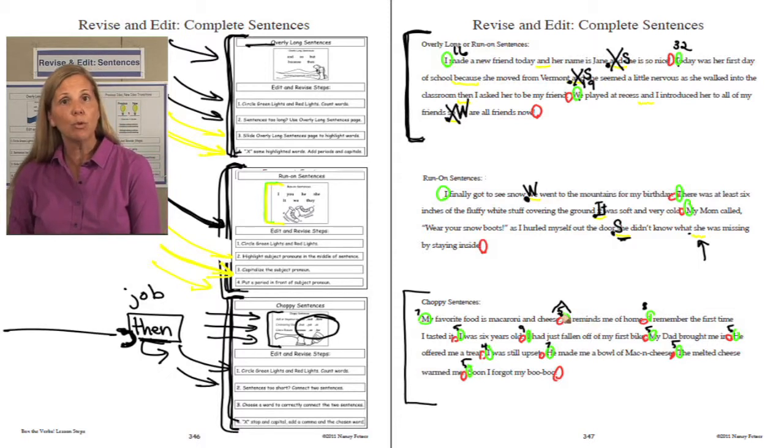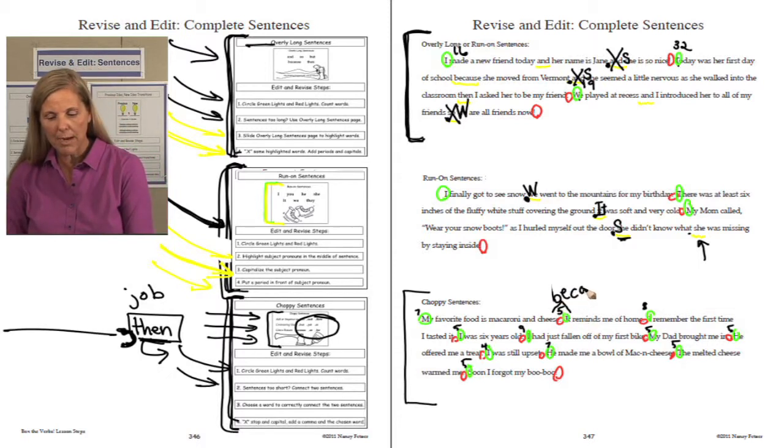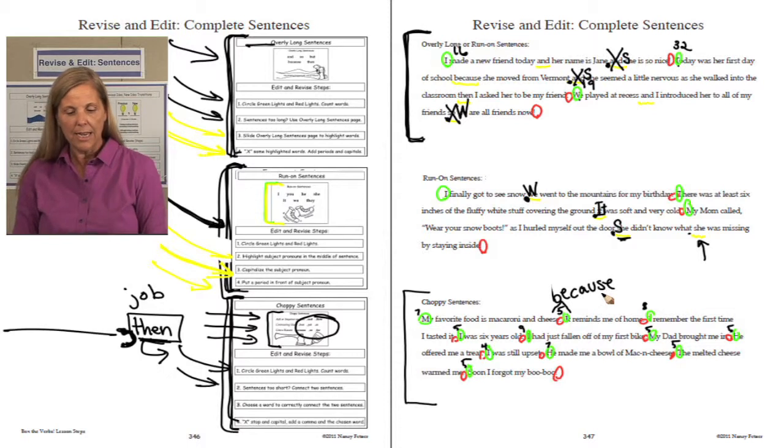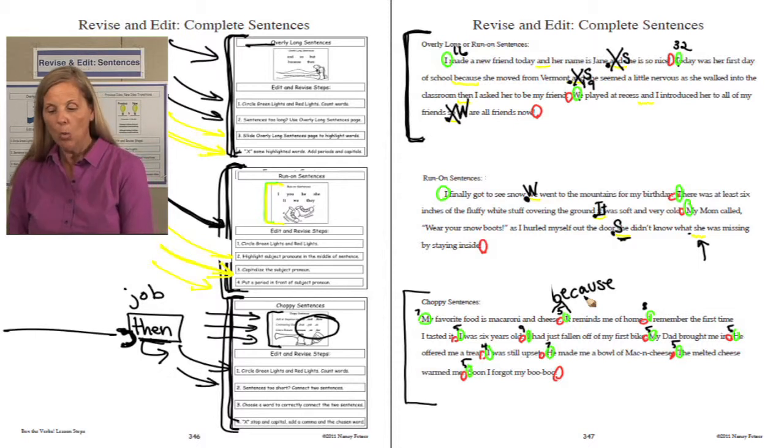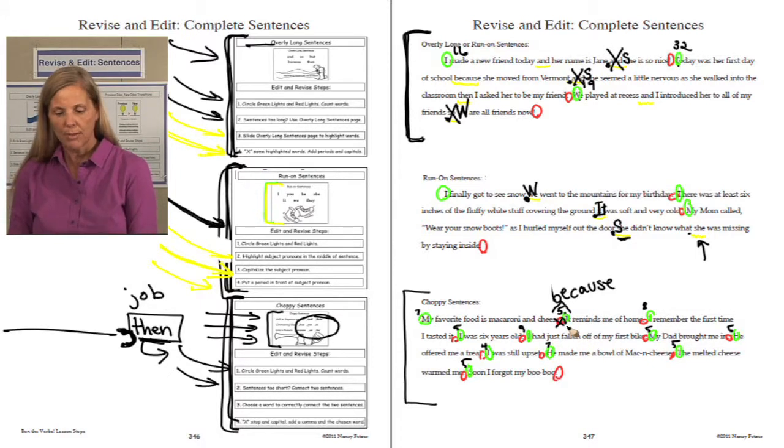So I'm going to use the word because. Because will be my word that will connect the two sentences. My favorite food is macaroni and cheese because it reminds me of home. What else do I need to do? Cross out the period and make the capital into a lowercase. So the word it is now going to have a lowercase i.